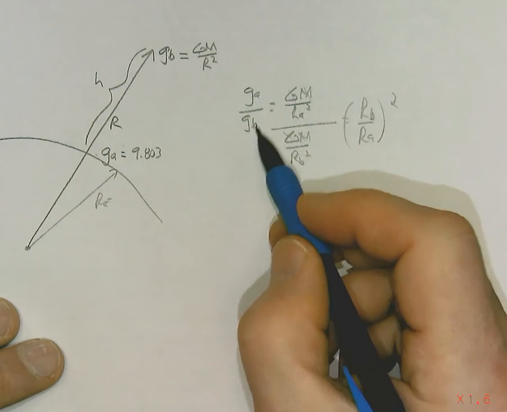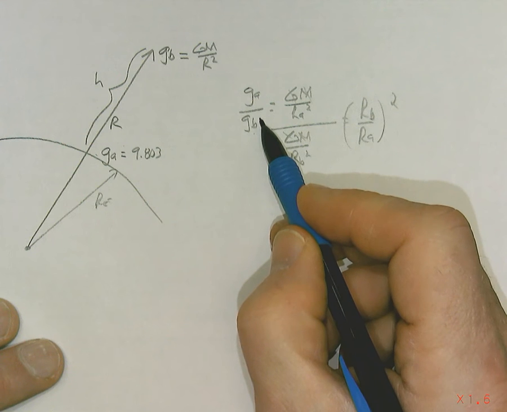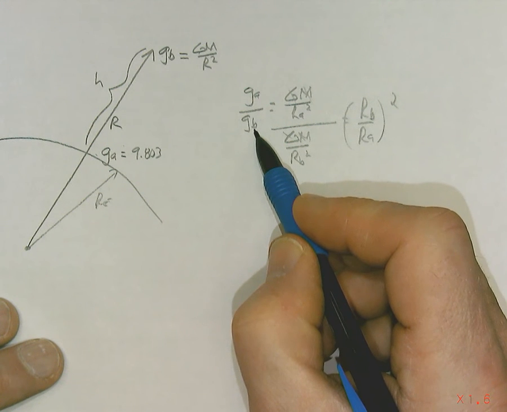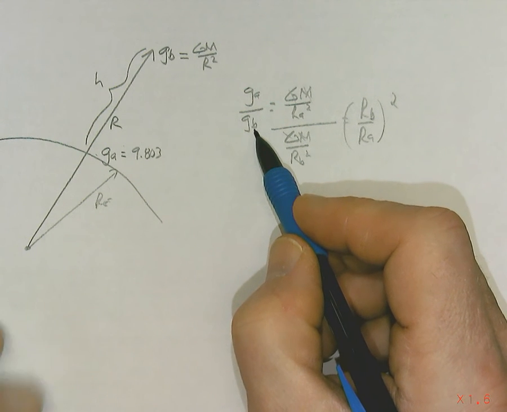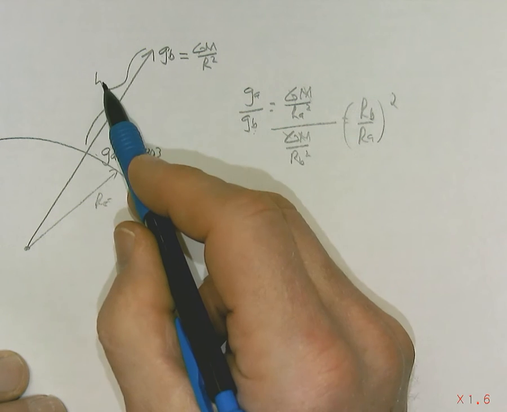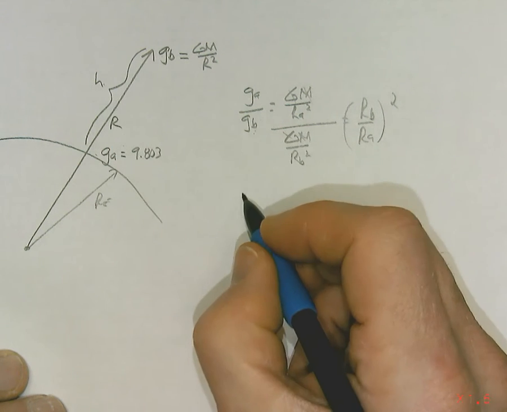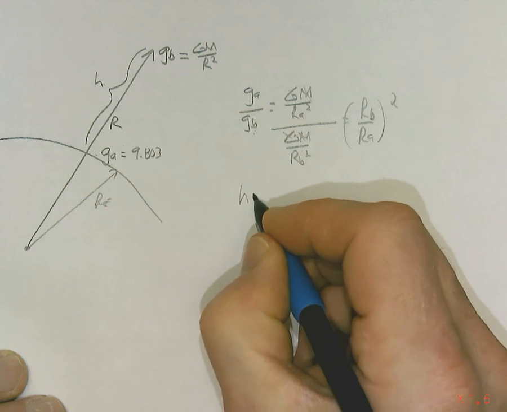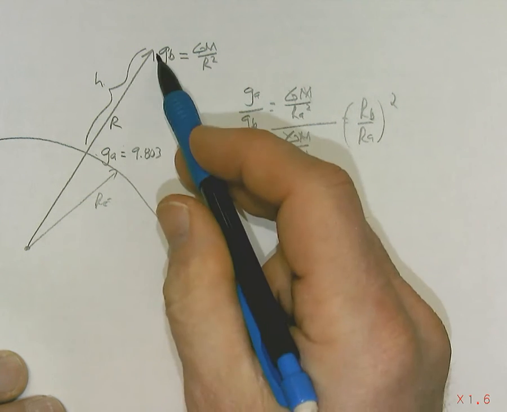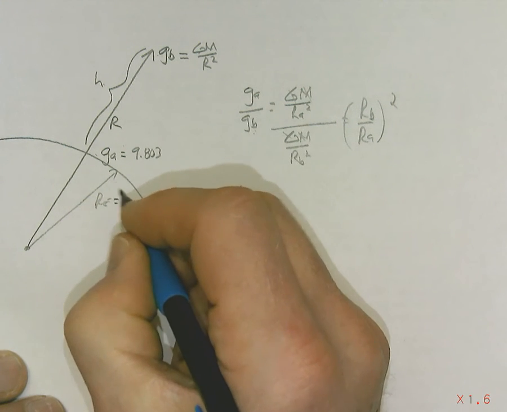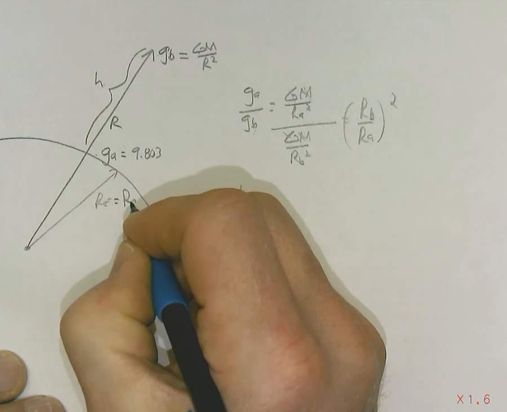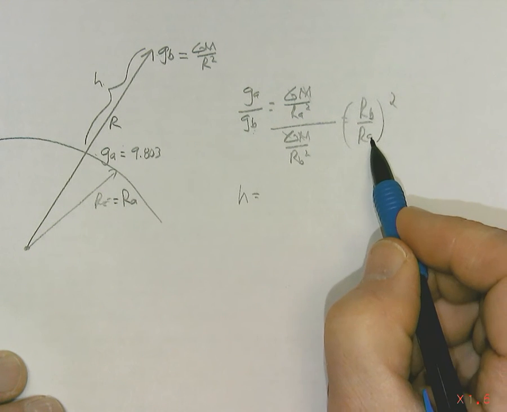And so these values, g_A and g_B, you have in your problem. So what we're looking for is the height above the surface. And let's note that the radius of Earth is really my radius A, so let's just clarify that here.